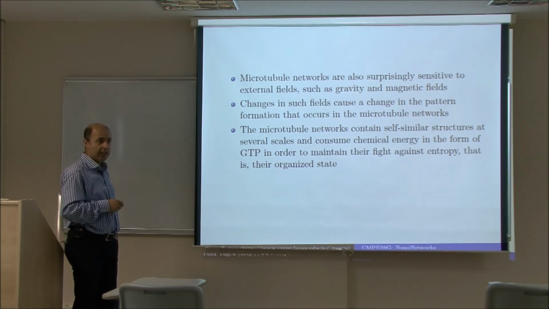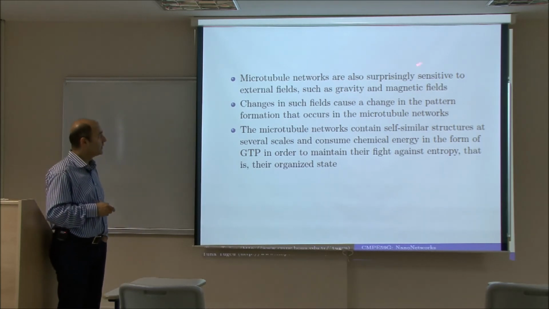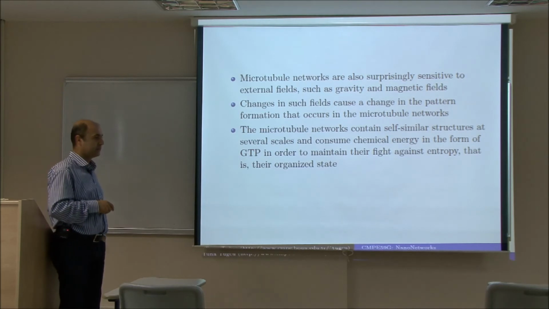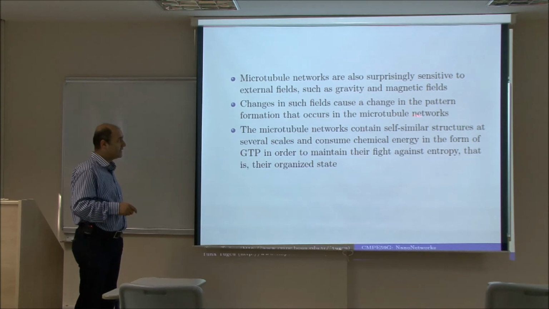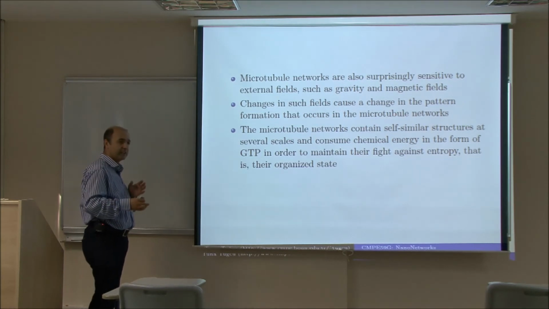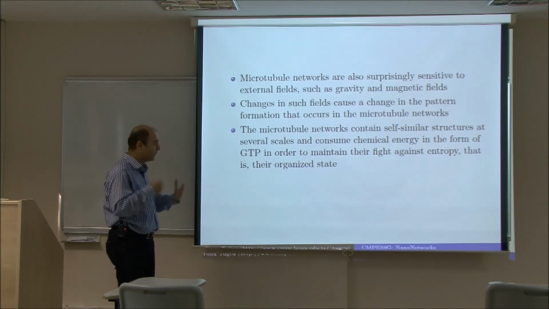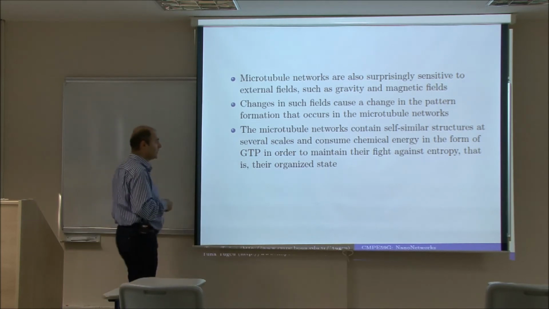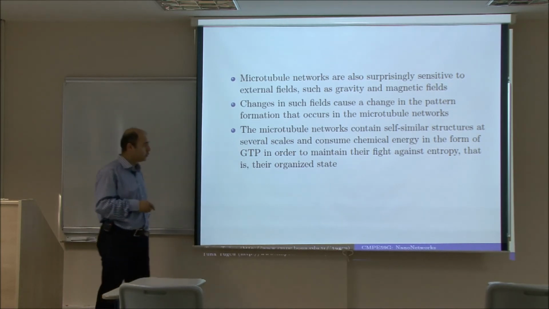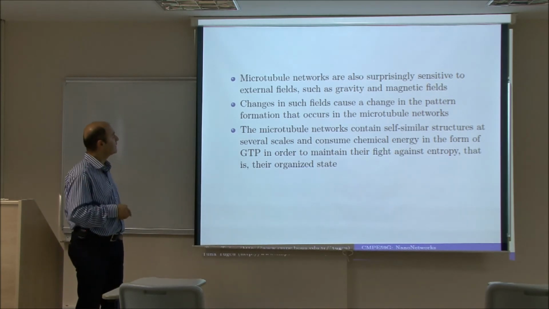So it might be possible to control the formation of microtubules with gravity and magnetic fields. The microtubule networks have a self-similar structure at several scales. So look at it closer and you will see the same structures repeating. That's what self-similarity is. And it consumes chemical energy in the form of GTP to maintain the fight against entropy, which is the organized state of it.